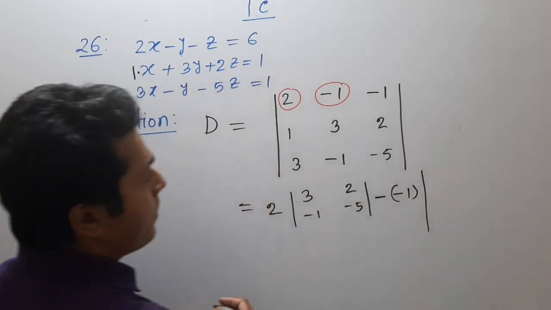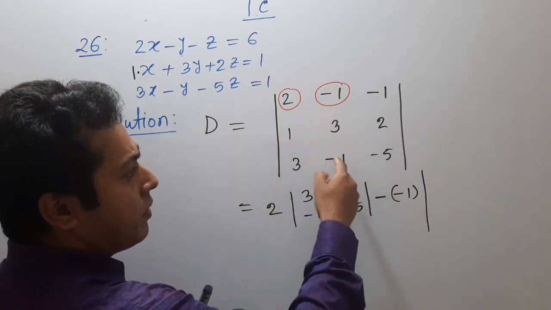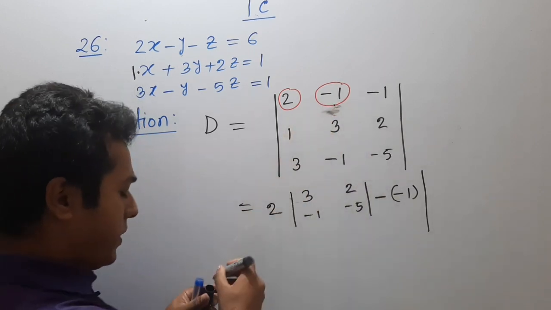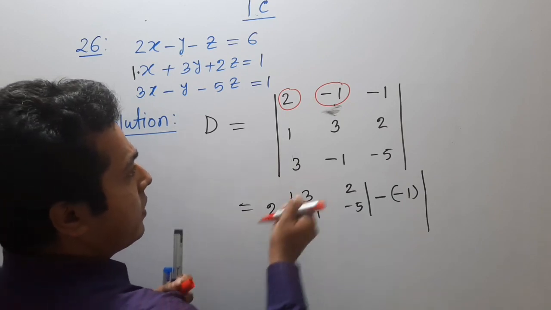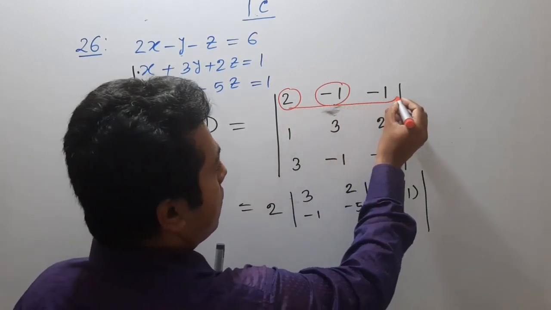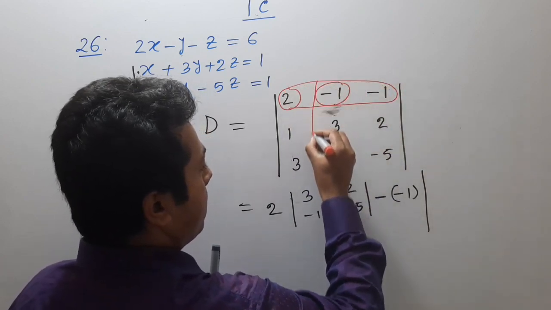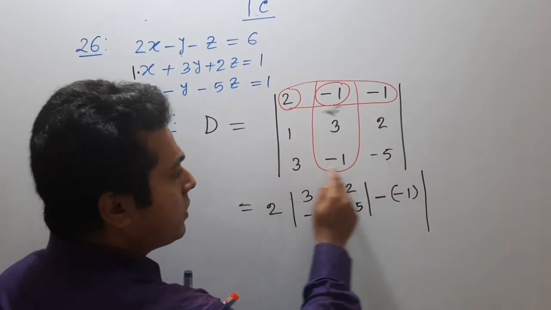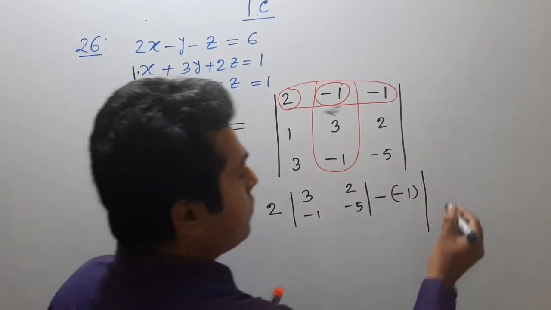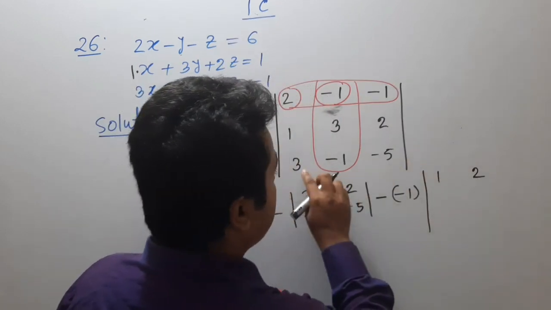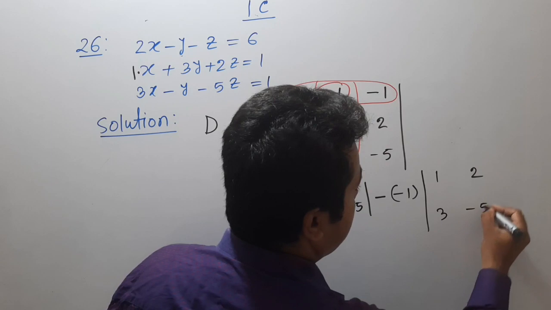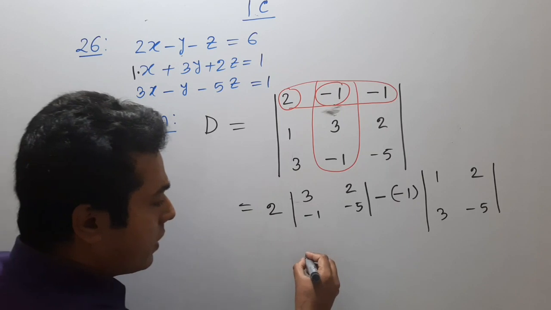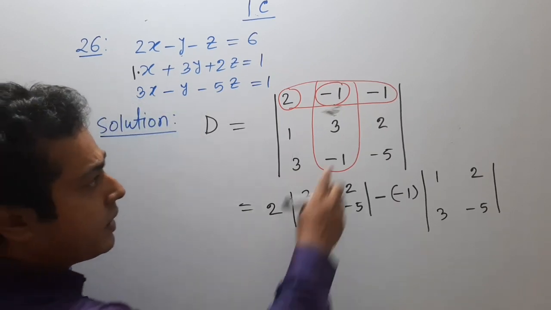Ignore the row and column of minus 1, then our determinant is 1, minus 1, 3, minus 5. Now the third element is minus 1, our sign is plus.